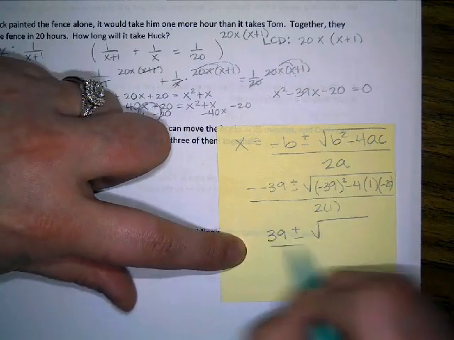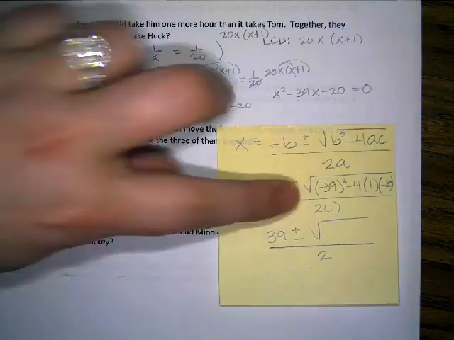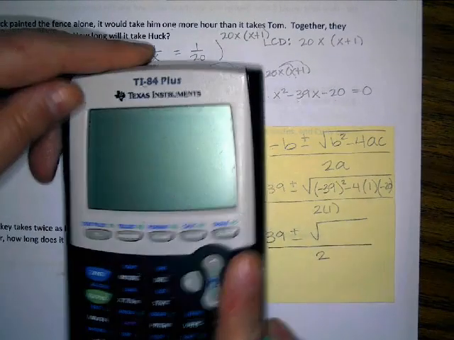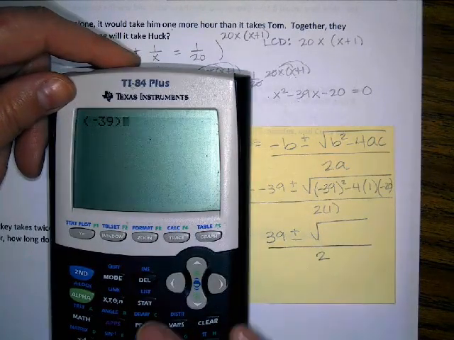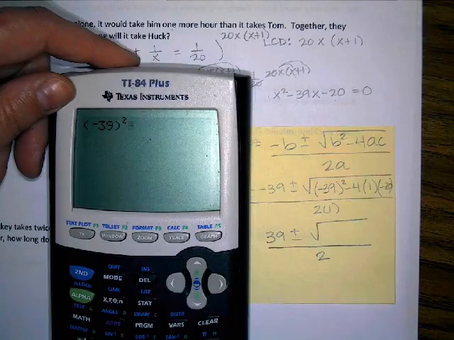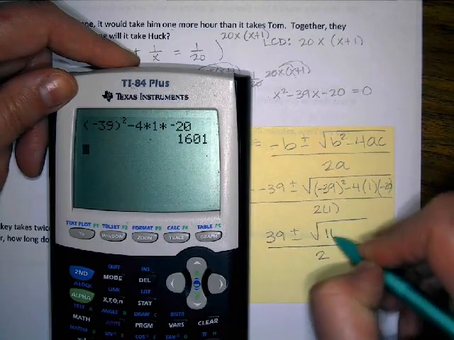And I'm going to figure out what my discriminant is to put it underneath my square root. So I've got negative 39 squared minus 4 times 1 times negative 20, 1,601. Okay, and now I'm ready to type this in.